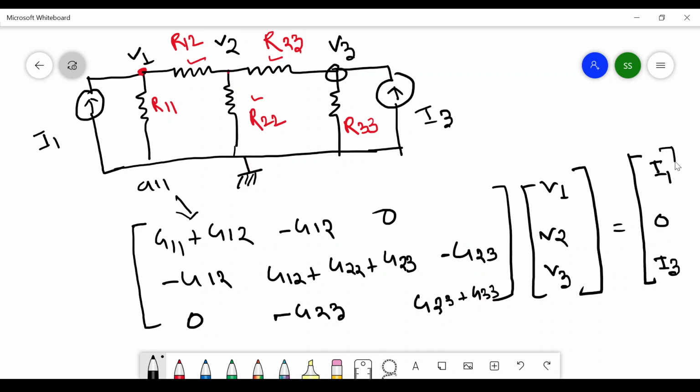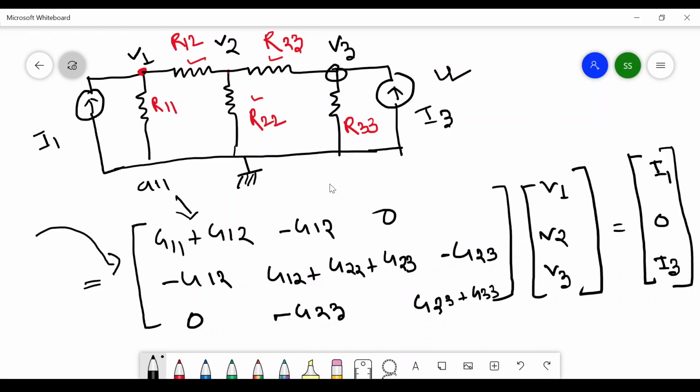So you can see that without writing down the detailed nodal equations, by checking the circuit only, we can come down to the matrix form of the equation. So that is very important. We need to practice a lot to implement that equation.